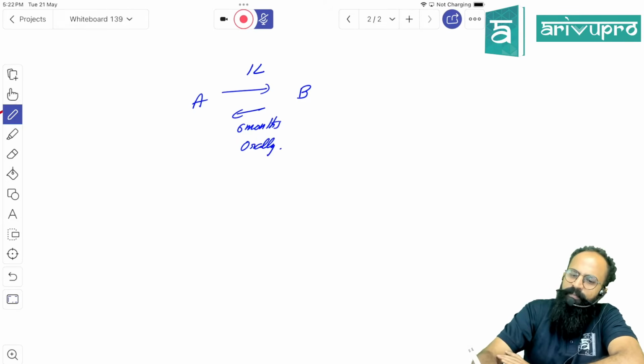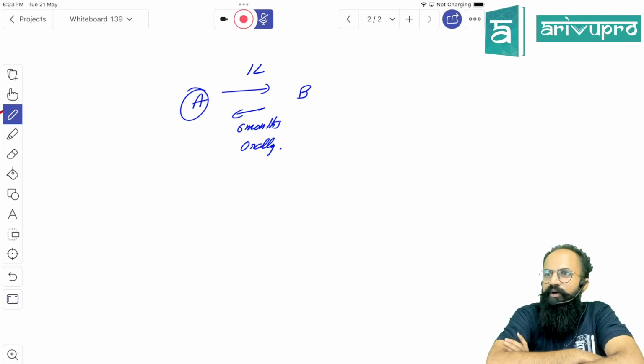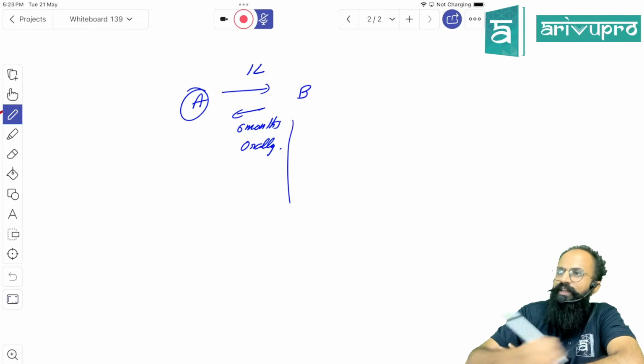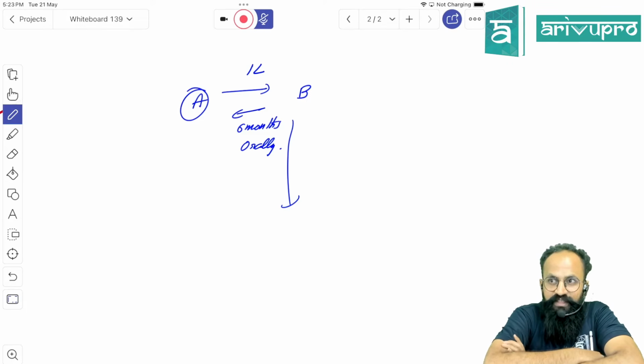After 6 months, B went to A to ask for this 1 lakh. A said, I will not repay this 1 lakh, do whatever you want. Now B wants to file a case on A because he did not keep up his promise. Now they have come to the court. Whether B will win this case or not?